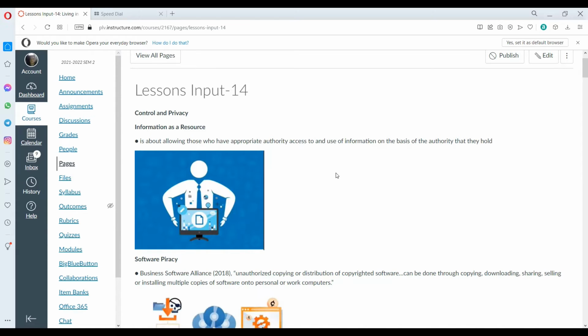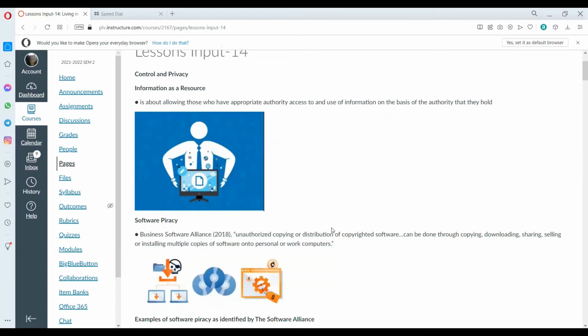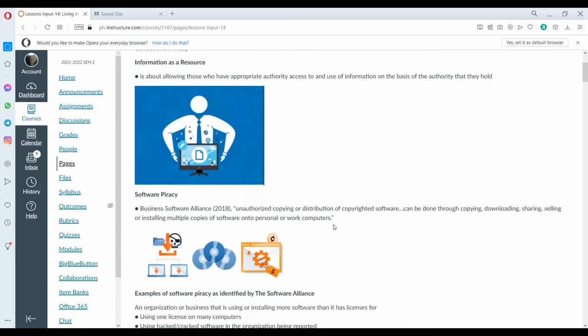It is about allowing those who have appropriate authority access to and use of information on the basis of the authority that they hold. So depending on the particular authority, for example in accessing data, they could either view, add, edit, delete, or update information, depending on what particular access rights they have.